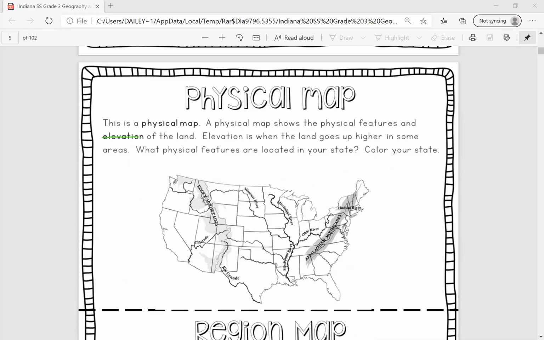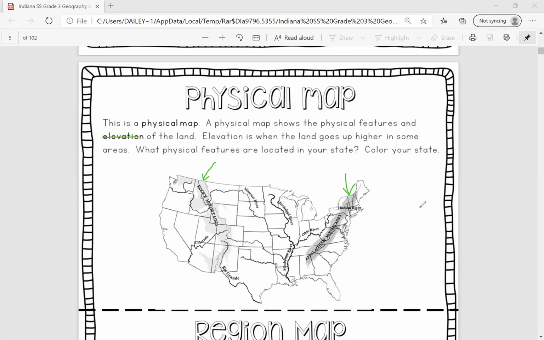So if you see something that is darker, then that tells us that it is higher or taller than the rest of the area. So the Rocky Mountains are darker because they are higher than the surrounding land. Same with the Appalachian Mountains. Elevation is when the land goes up higher in some areas.